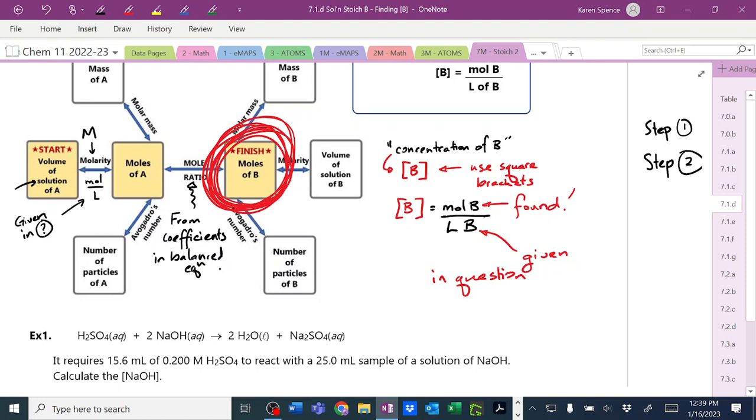So you can't convert. You're not going to go times line. You're just going to divide.